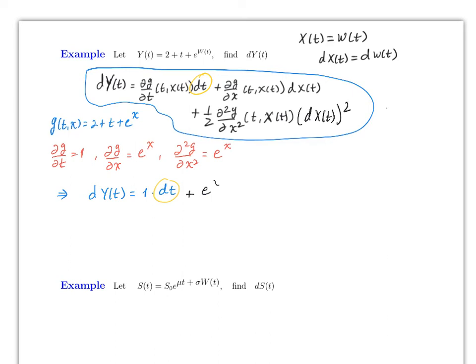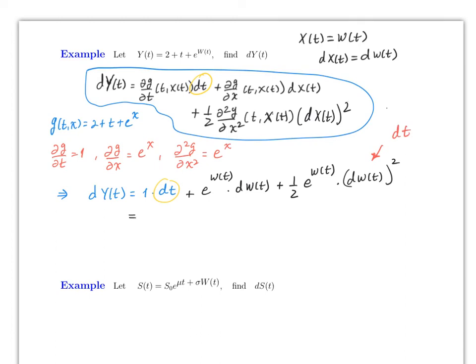But remember, x here stands for the Wiener process, so this will be e to the W_t times dW_t, plus 1/2 times the second derivative, which was also e to the W_t, times dW_t squared, which, remember, is always going to be just dt.